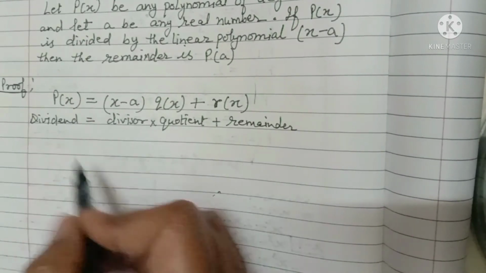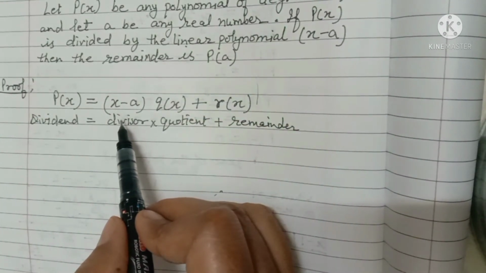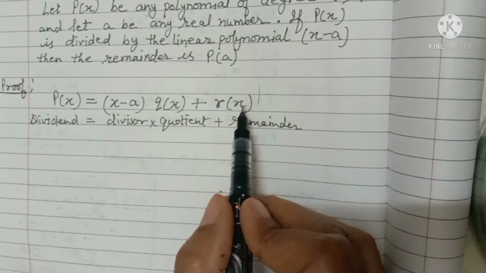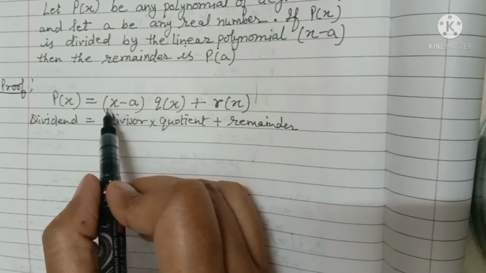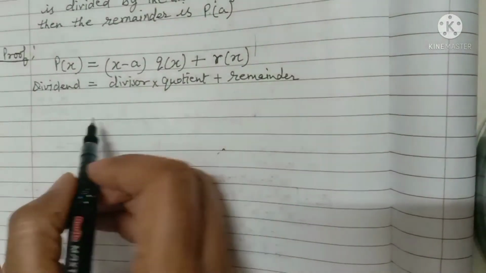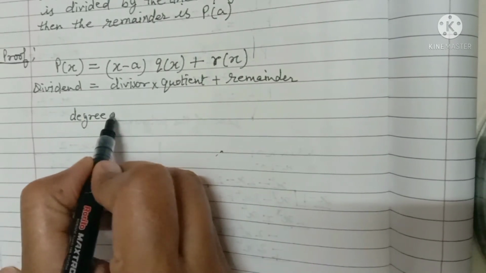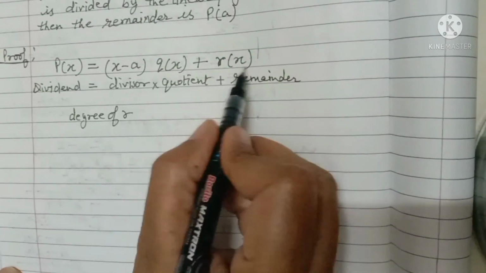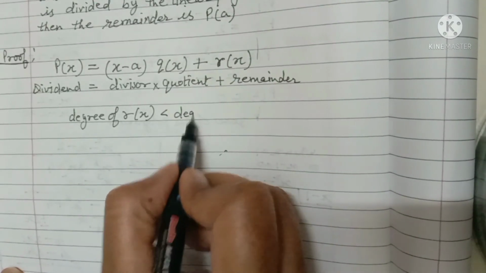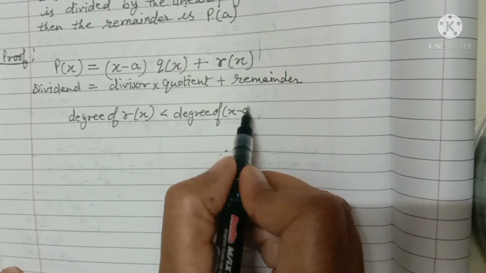And you can write the degree of R(x), the remainder, is always less than the degree of the divisor. How is it? Degree of R(x) is less than degree of x minus a.